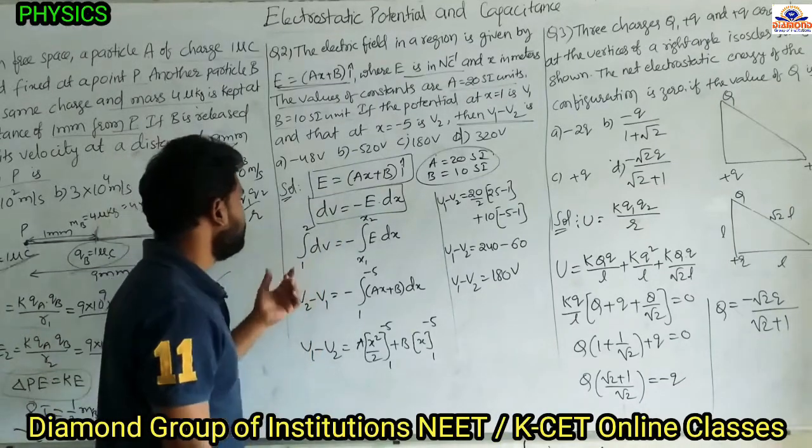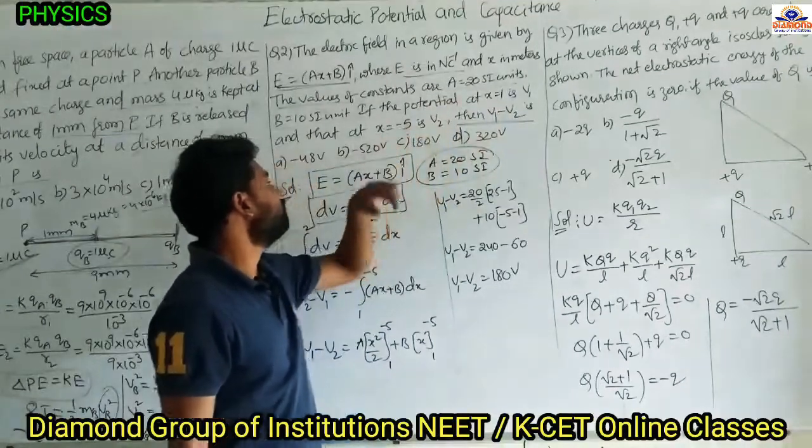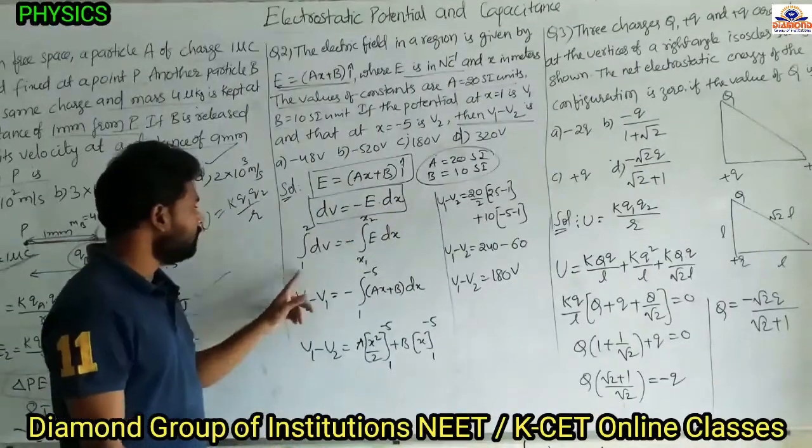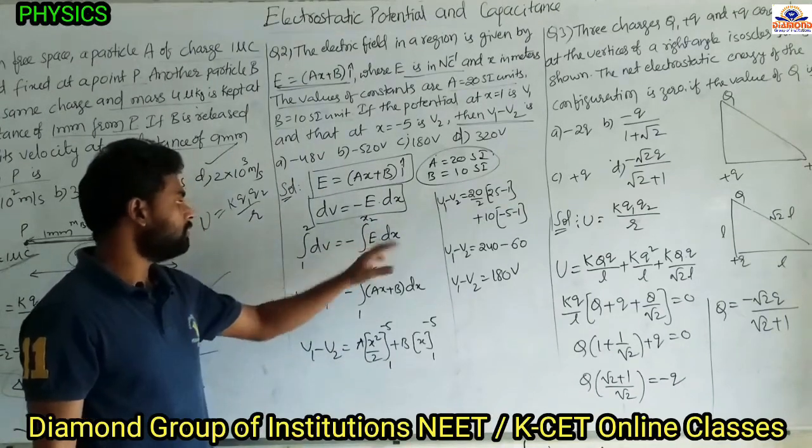Now integrate this. They are asking V1 minus V2, with x equal to 1 and x equal to minus 5. So V2 minus V1 equals minus the integration from x1 to x2 of E dot dx.